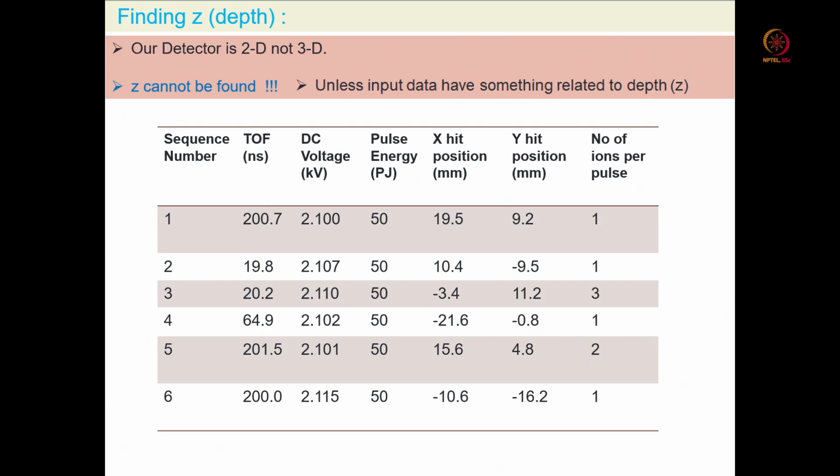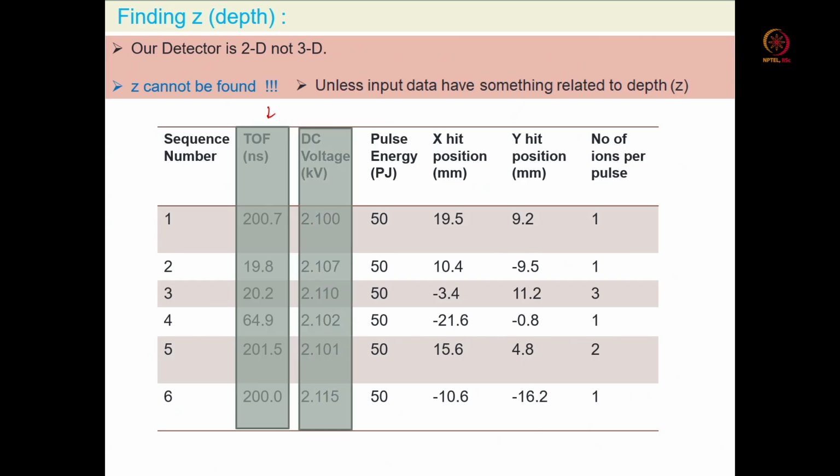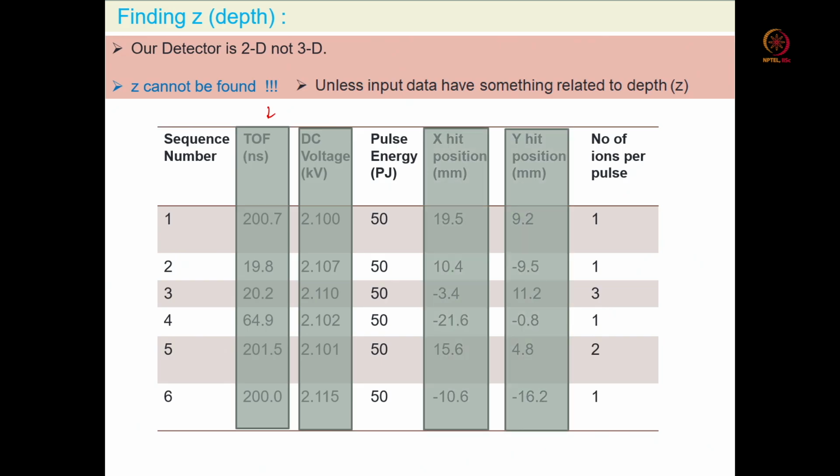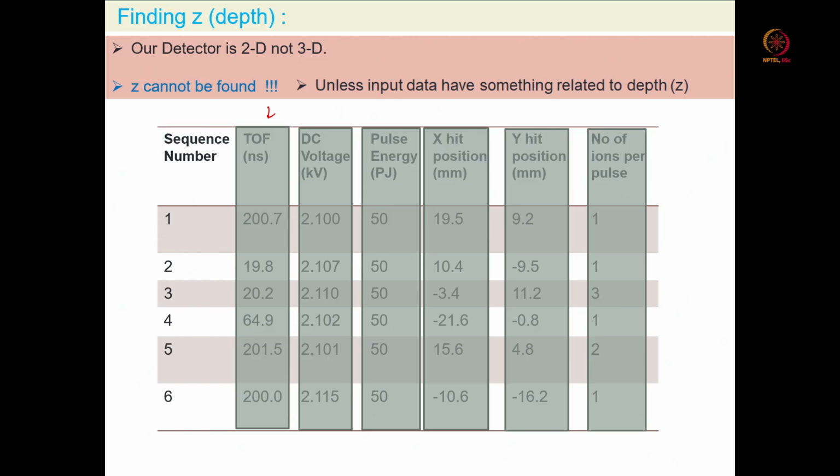The time of flight is for the identification of chemical species. The DC voltage is for the reconstruction and the evolution of the radius. The X and Y hit positions cannot be used for the Z. The pulse energy and number of ions also cannot be used for the determination of the Z. So the only one remaining is the sequence number, which is very important for the Z.